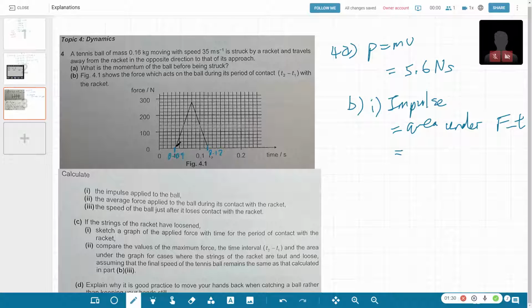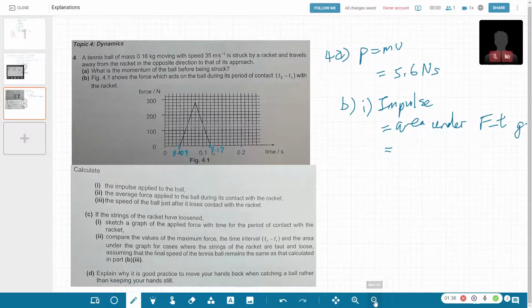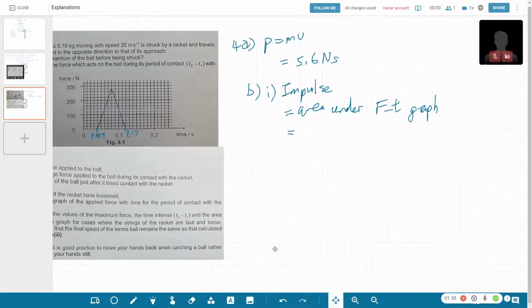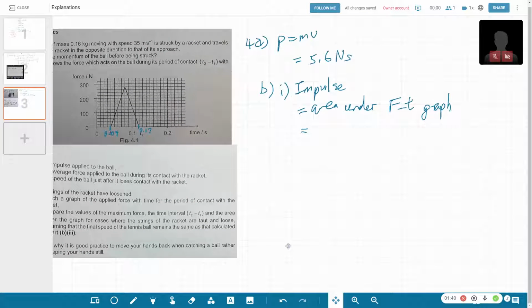0.04. Okay, 0.04, 6, 7, 8, 9, 10. Yep, so 0.04. So the area will just be half base times height: half times 0.12 minus 0.04 times height, which is 280.